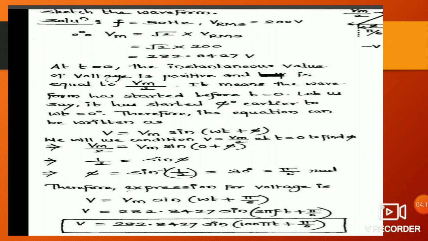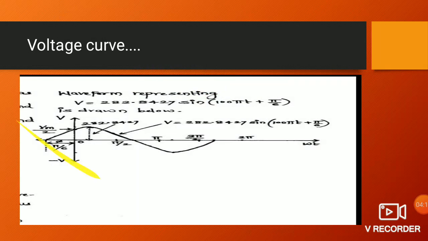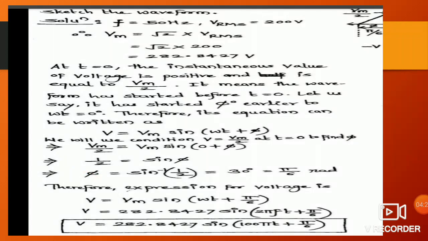Also at t = 0, the instantaneous value of voltage is positive. That means at that instant, that is at t = 0, the curve is above the x-axis, that is in the positive half cycle.